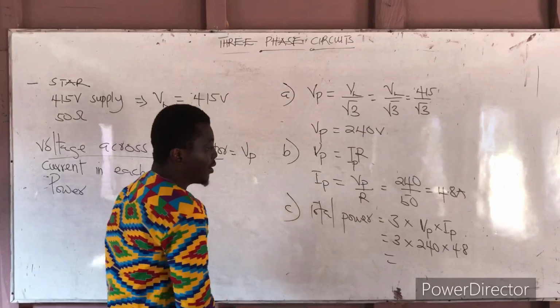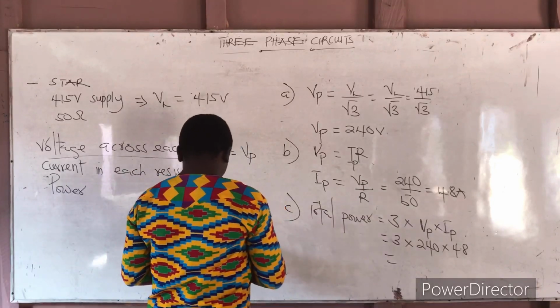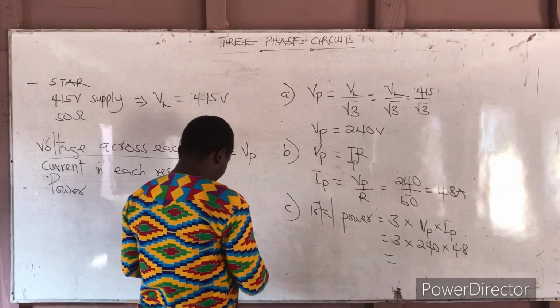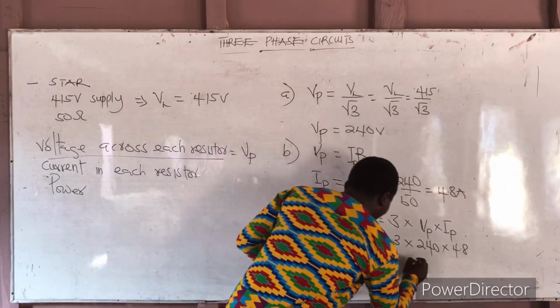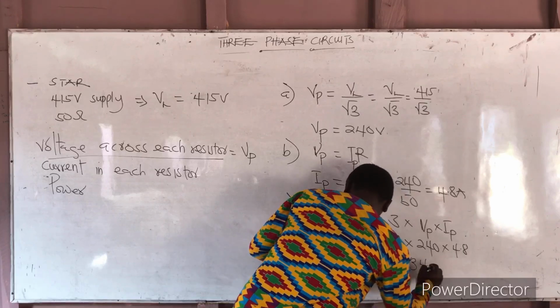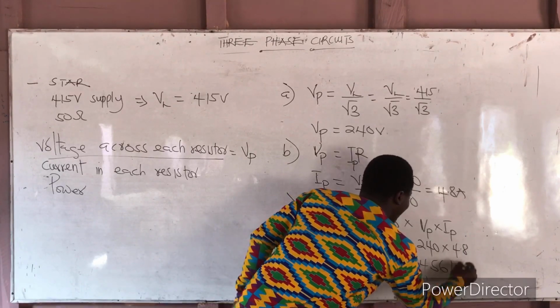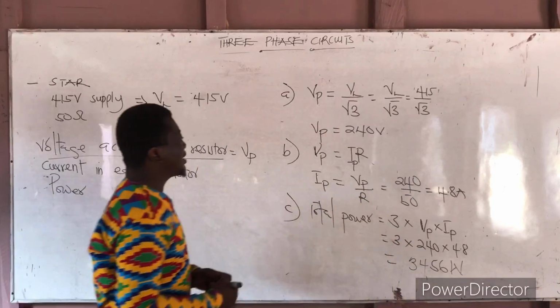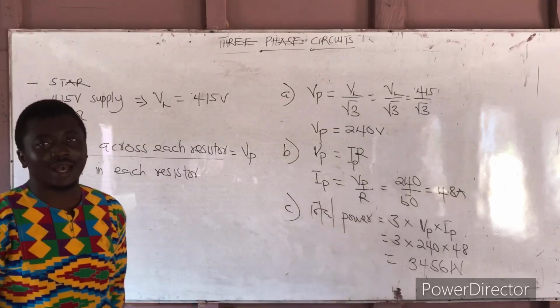With the help of our calculator, let's see what our final answer is. We get 3456 watts. So this is the answer to the first example.